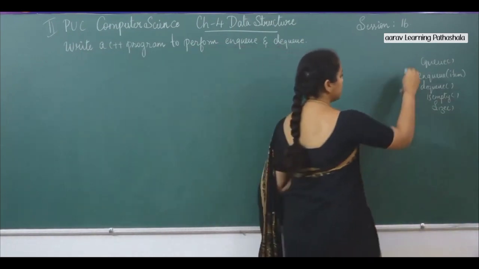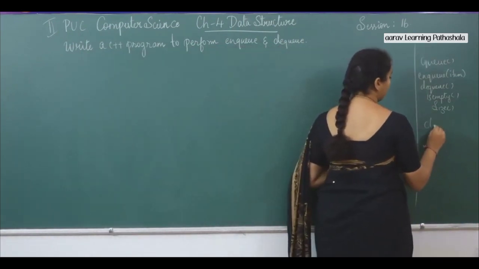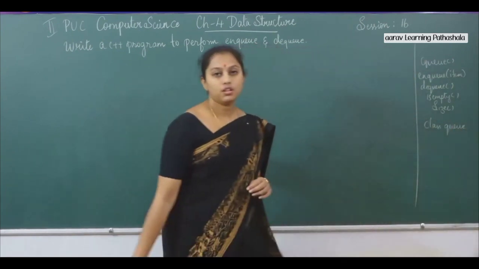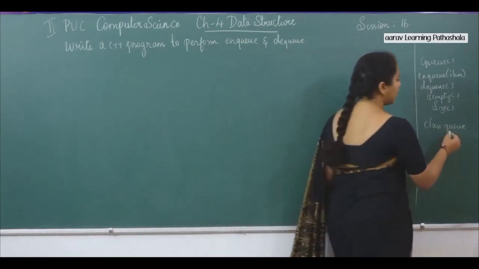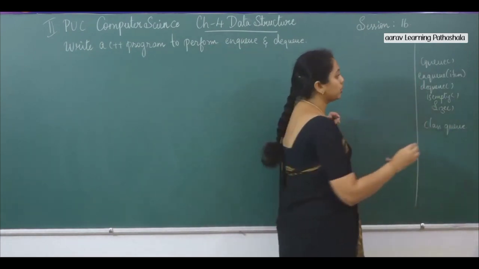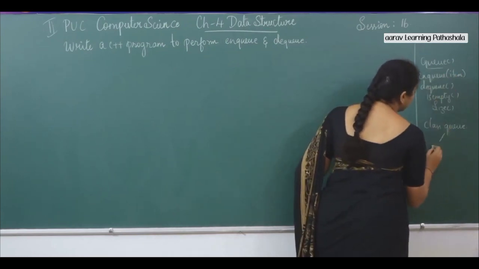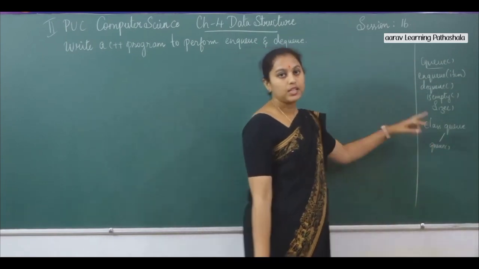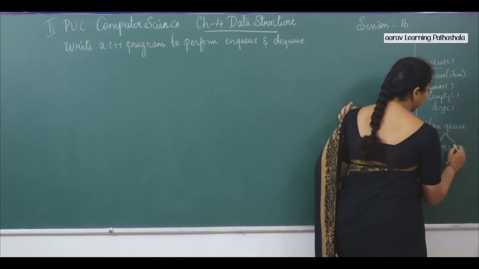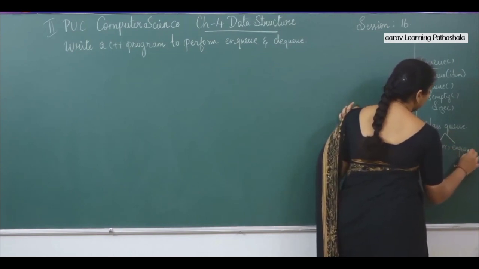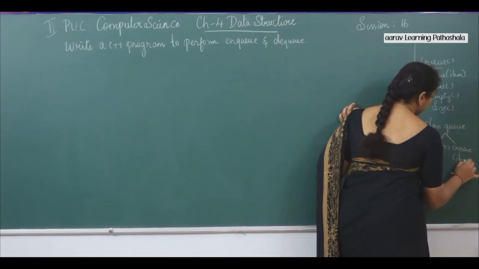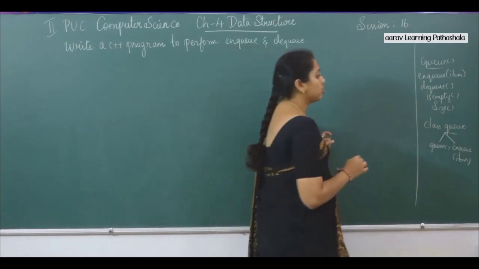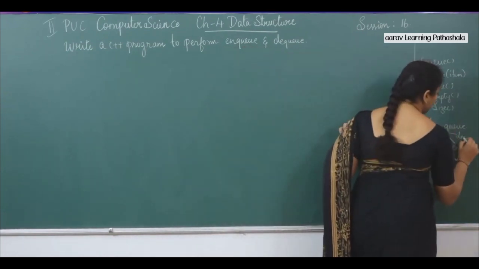For this, first I have to create a class called Q. In the class, to create a queue, I am going to use a queue function to create an empty queue. To add an item into the queue, I am going to use the Enqueue function, and to delete an item from the queue, I am going to use this DQ function.